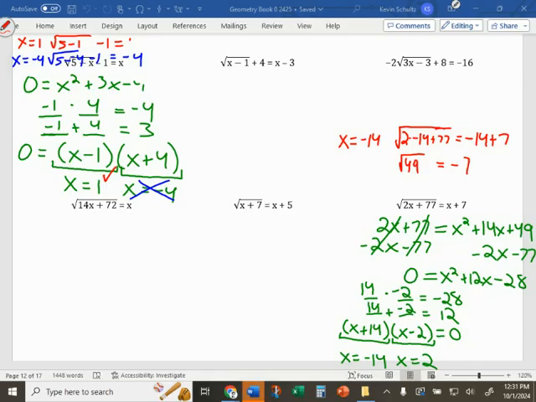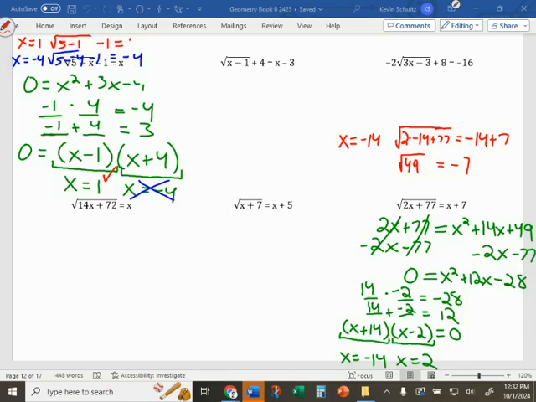Now, we did talk about last year that the root of 49, if you're solving for a parabola, you do need to include both 7 and negative 7 because they're the two x-intercepts, right? Negative 7 times negative 7 is 49. So could this work?